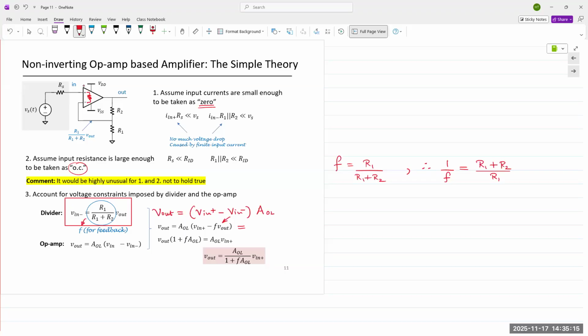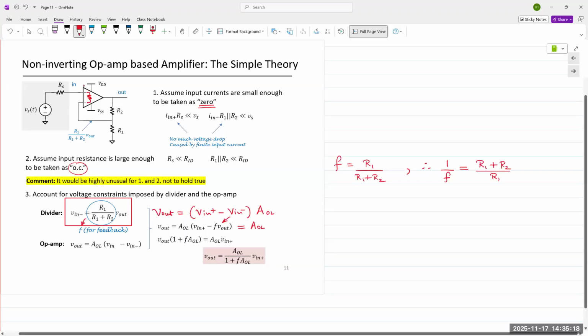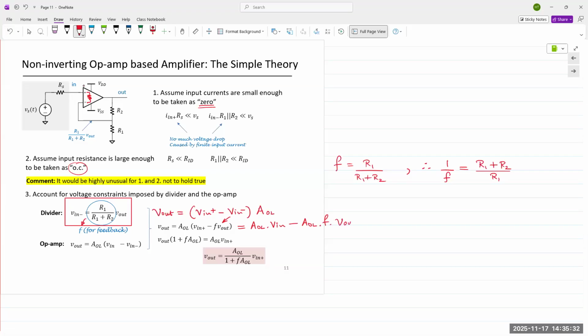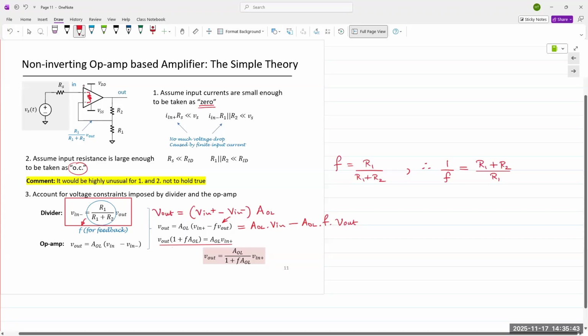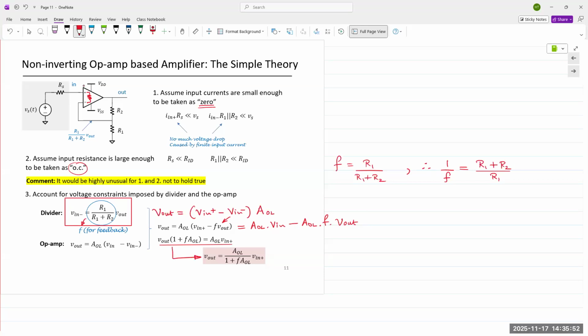And this gives us AOL times V in plus, minus AOL times F times V out. We take V out to the other side, and in order to obtain an expression for V out, we move everything back to the right side and we get AOL divided by (1 plus F times AOL) times V in plus.